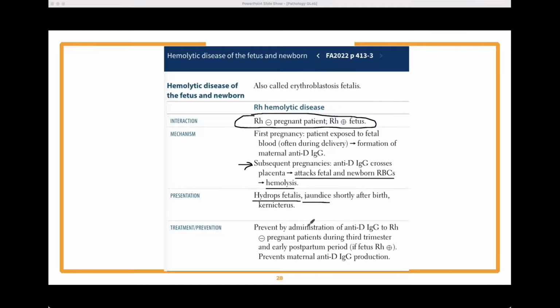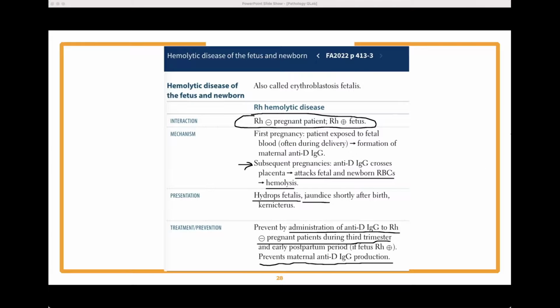The way to prevent this is to give anti-D IgG to the Rh negative mom in late pregnancy to prevent the mom from making that anti-D IgG antibody. You want to prevent the mom from making those antibodies that would go across the placenta and attack the fetus.